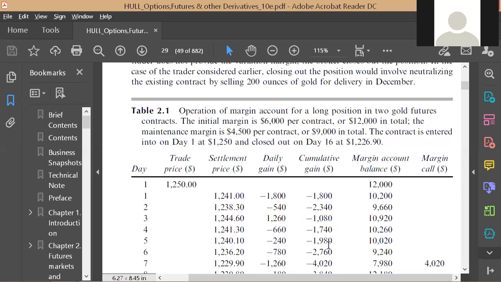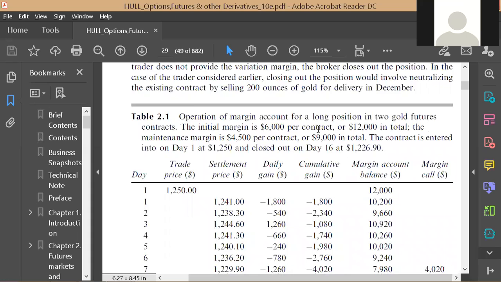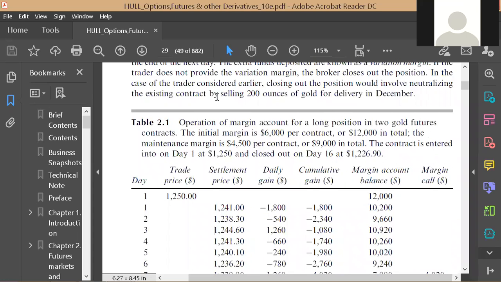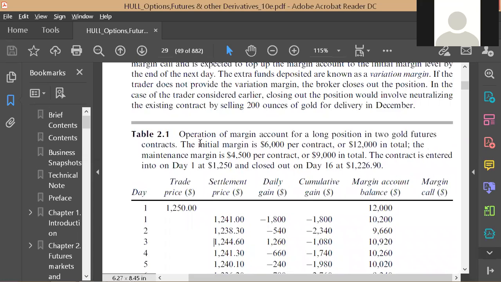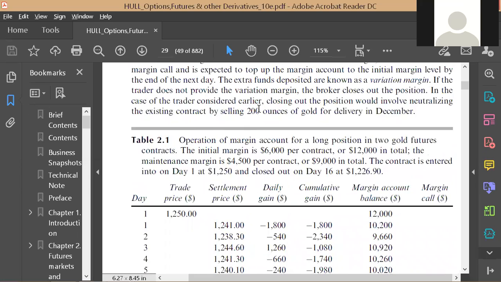The point we have to note is that if the trader doesn't provide the losses being asked for by the exchange, the variation margin, the broker will close out the position. They'll close out the full amount of the position.